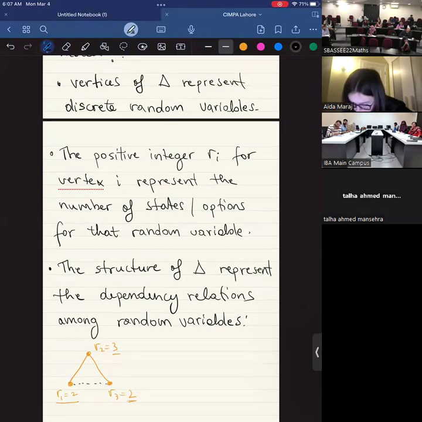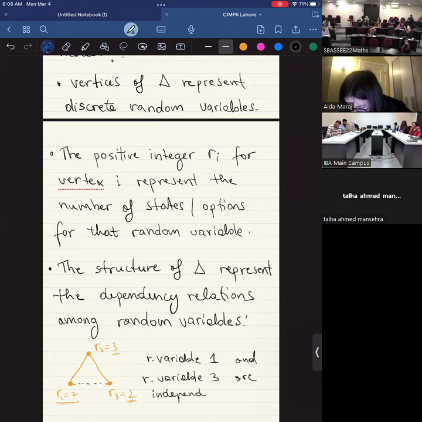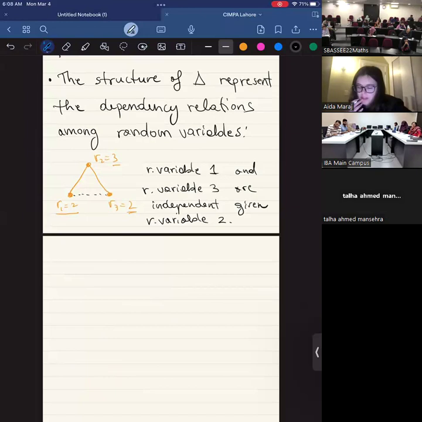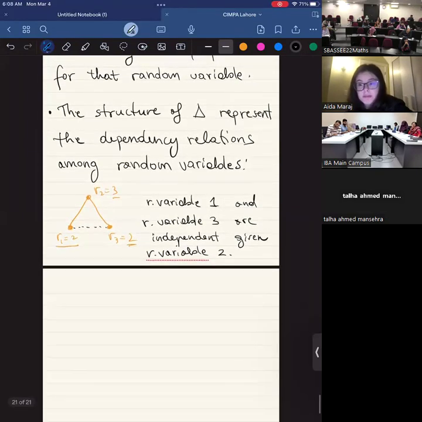So random variable 1 and random variable 3 are independent given random variable 2. That's the story where this comes from.